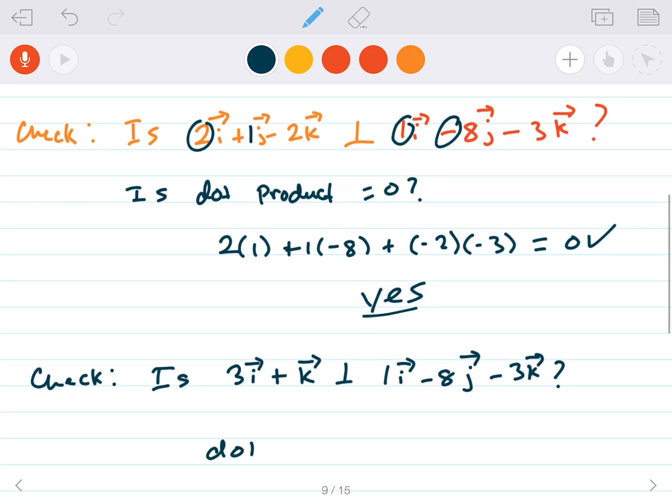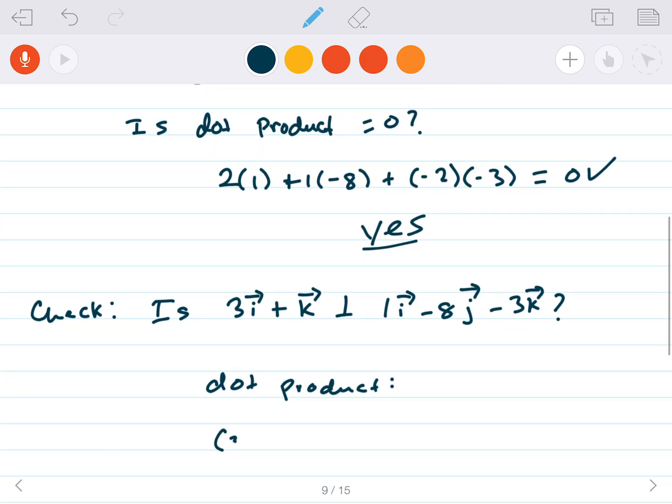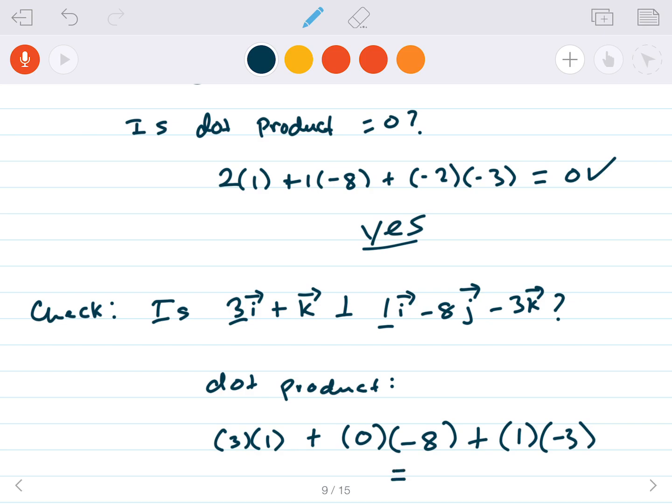So we are doing 3 times 1, corresponding coefficients, plus no j's here, so 0 times negative 8, plus 1k times negative 3. And so this is going to, again, give us 3 minus 3 is 0. So yes, both of those vectors are perpendicular to the one we found, which we expected, because that is what the cross product is supposed to give us.